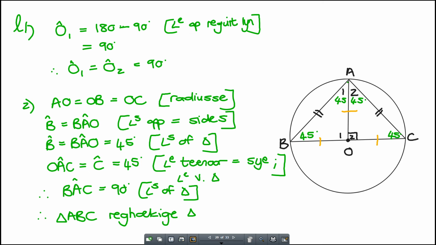What you could have said, because you did congruency at L1, is that A1 is equal to A2 from congruency. And then immediately you could have skipped to OAC.